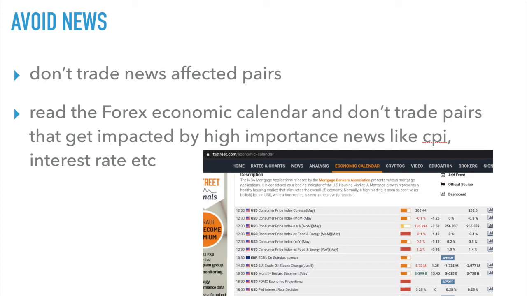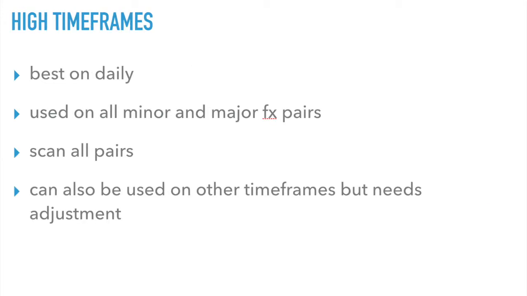Another key part is that the strategy is used on high time frames, because we trade 23 pairs, so all major pairs and all minor pairs. Basically the original founder is trading the daily time frame, which means that on the daily close, he scans all pairs and puts his trades according to his trading system.